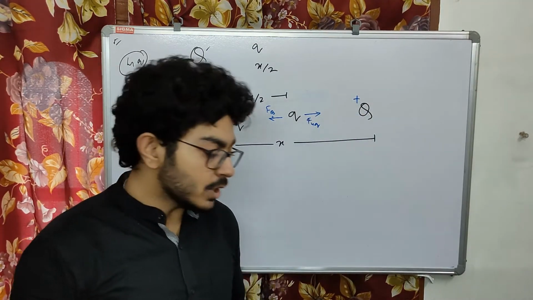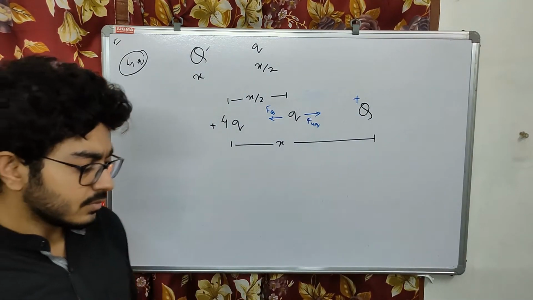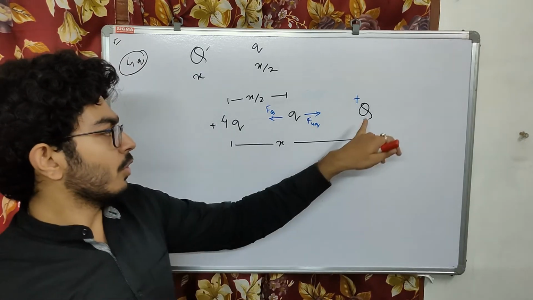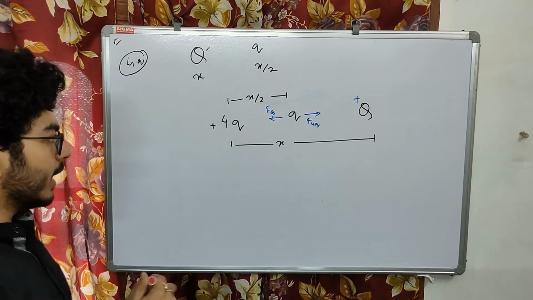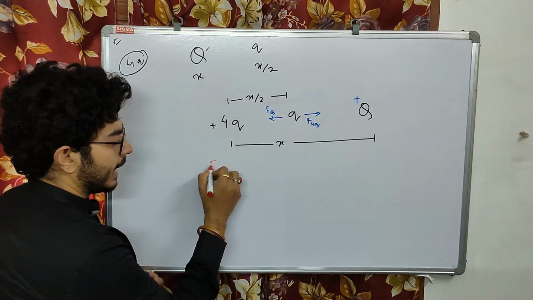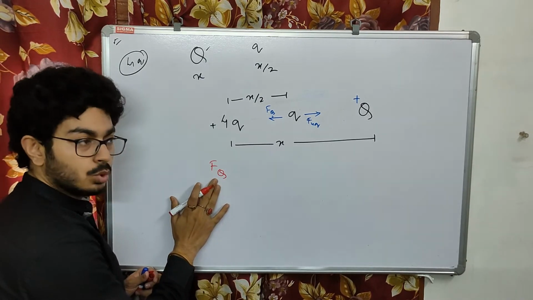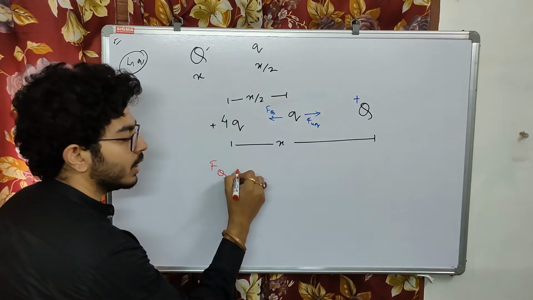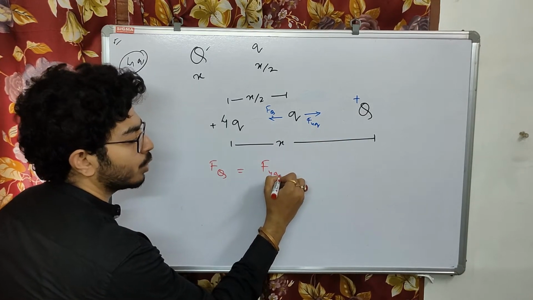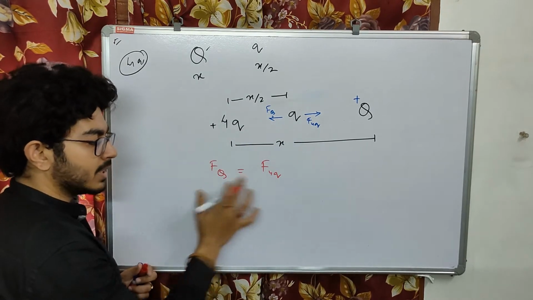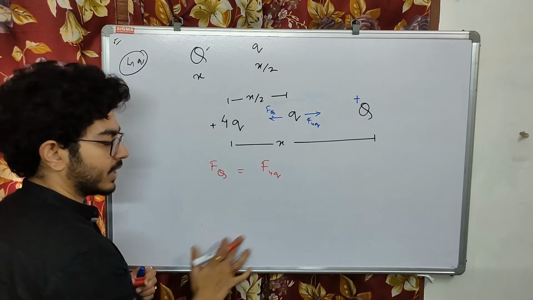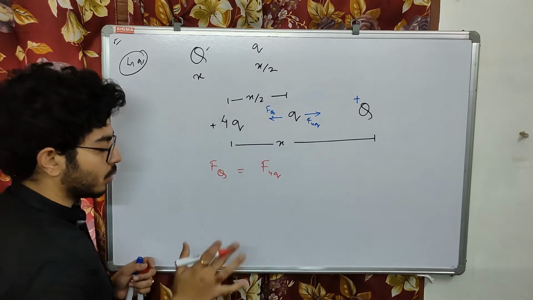Okay, next we are going to find out the magnitude of this charge. From here it is clear to everyone that Fq, the force due to this charge, should be equal to F4Q, the force due to this one. What is this force? Electrostatic force, of attraction or repulsion, whatever.